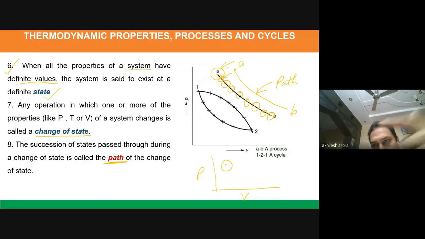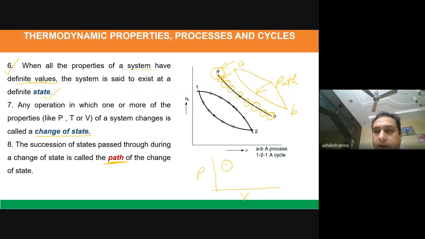It is not necessary that I can go from point A to point B via this particular path only. The system can move from this path also, like this also. The path will depend upon the change of the property or the change of the state. If the state changes in a different manner, the path will be different.